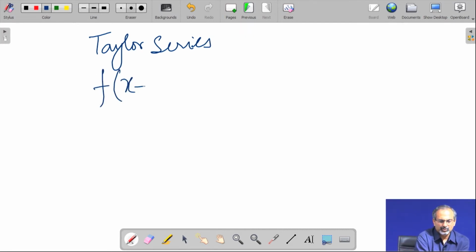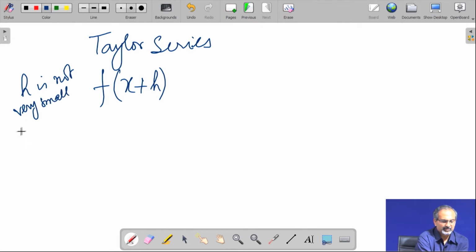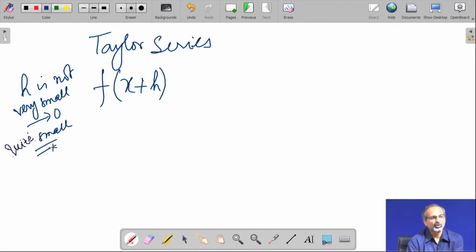If I were to ask this question, that can I write down an expression for f of x plus h, where h is not very small such that it tends to 0, but it is quite small, in fact as small as we can make it without making the whole exercise too costly for us.